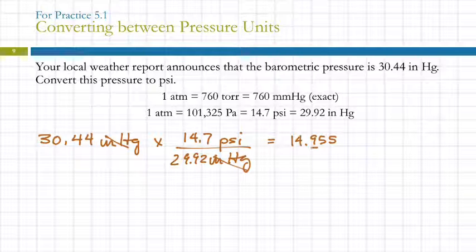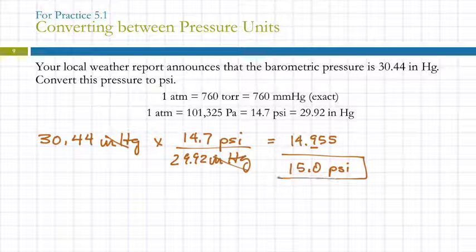But that's going to limit our answer to 3 significant figures. And so this would round to 15.0 PSI. Any questions? You can find all kinds of other relationships between these pressure units, but these guys right here is all you need.